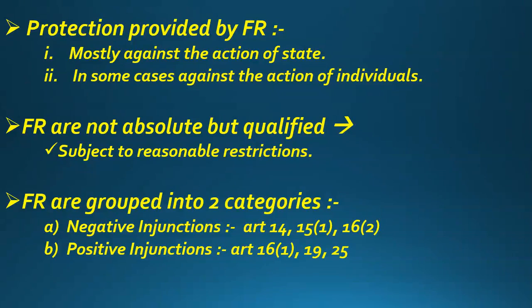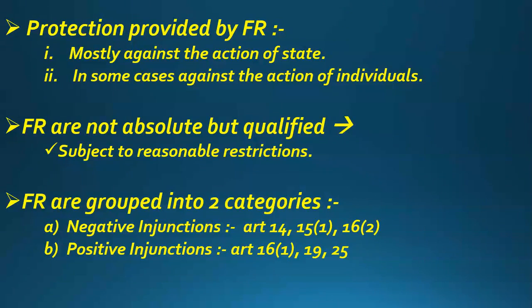If you see Article 21, the state is not allowed to take away the life or the liberty of any individual except according to the procedure established by law. Article 21 stops the state from killing any individual, and from imprisoning any individual. So Article 21 is guaranteed to us against the action of the state.